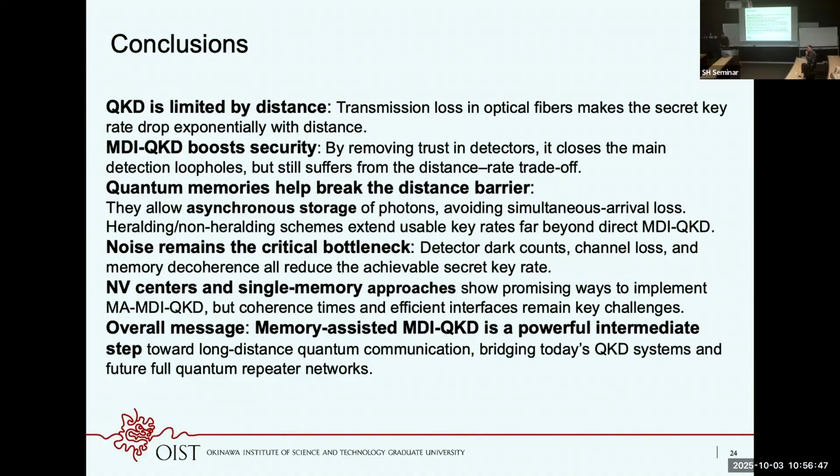So in our research, we explored many different memories, and for all of them we modeled the inefficiencies. Eventually we came up with these NV centers exploiting the nuclear spin, because it has very long coherence time, and the results were quite promising. Okay, so that's the end. Thank you very much.